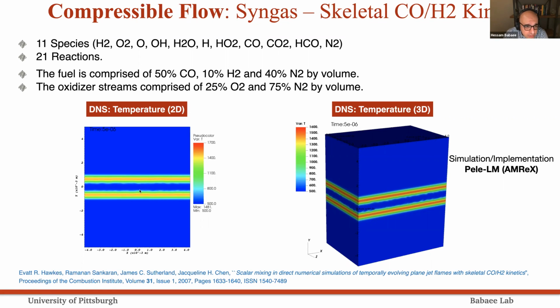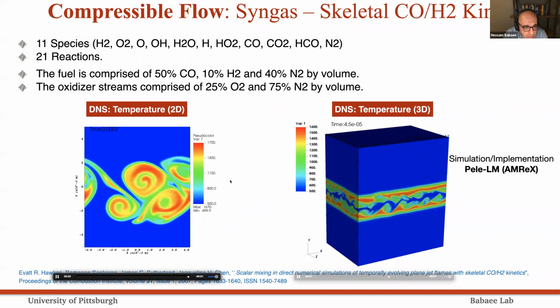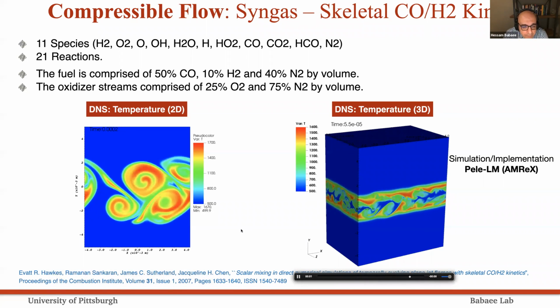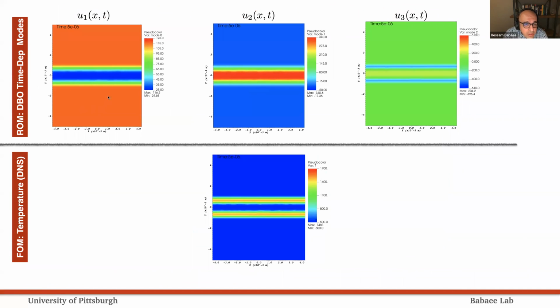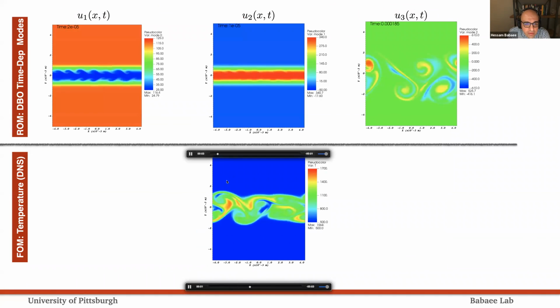So we apply this reduced order modeling to this system, to a two-dimensional case and a three-dimensional case. This is a two-dimensional turbulent flow, and this is a three-dimensional turbulent flow. In the two-dimensional case, I'm just visualizing the modes here, and this is the full dimensional flow for reference.